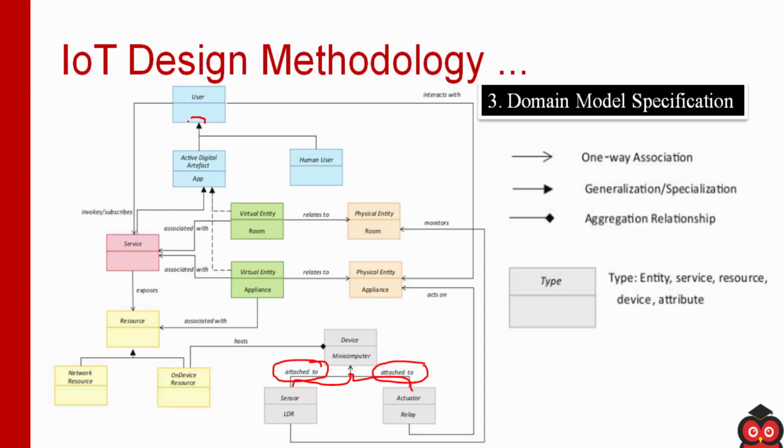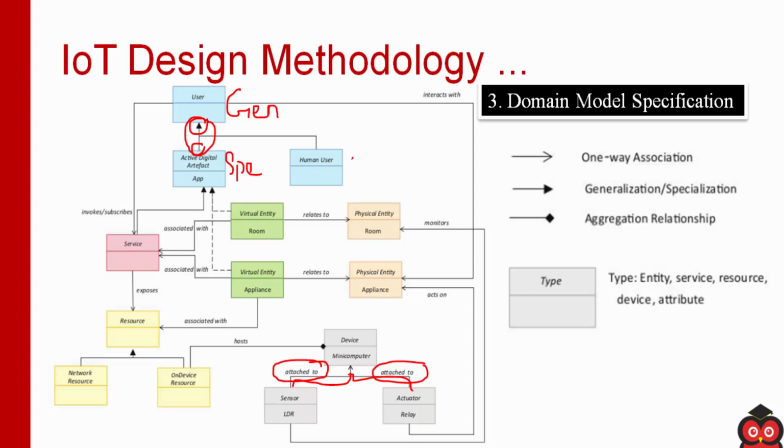And let's see one more arrow, generalization. If you see this arrow with a filled triangle head, this is a generalization or specialization relationship. The head of the arrow always points to the general entity, and the tail always points to the specific entity.